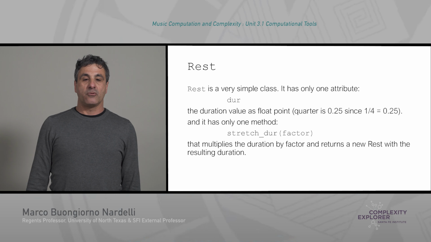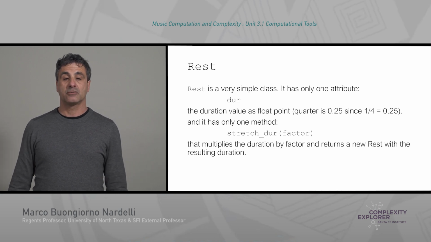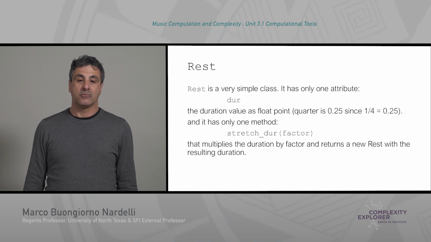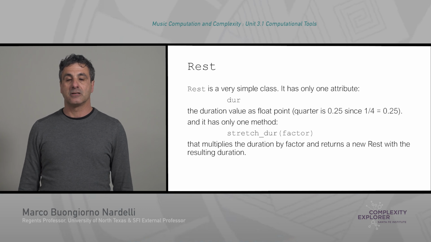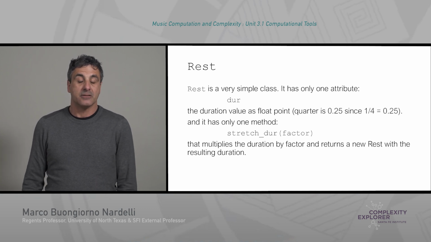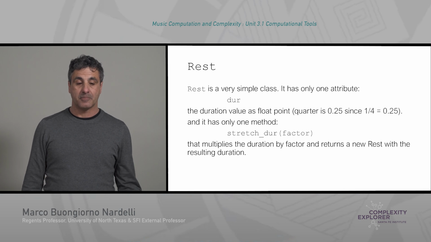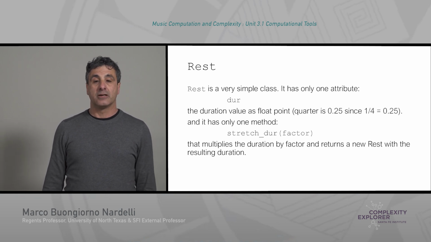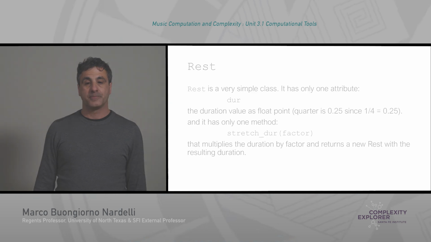The class has only one method, which allows you to stretch the duration by a factor. You can use this to multiply the duration by that factor, and this will return a rest with the resulting duration. All this is explained and described in the notebook associated with this unit.